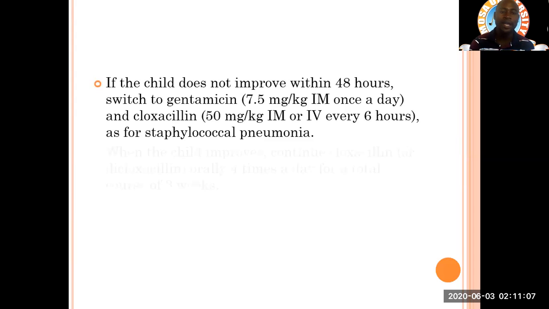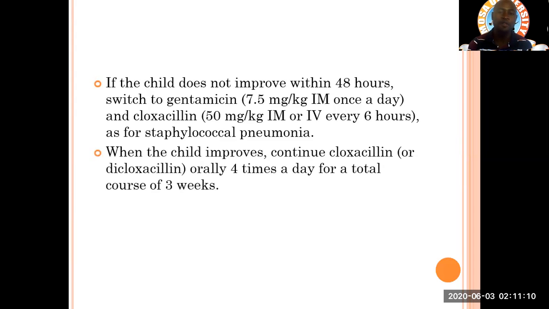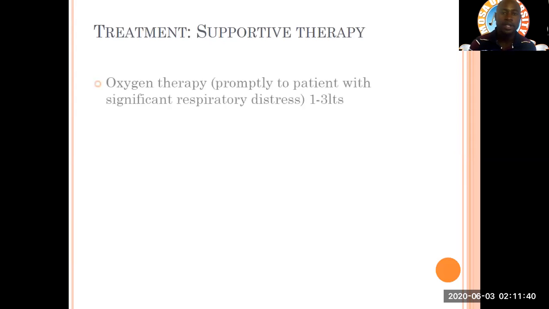So if you've made an assessment and we've seen that within 48 hours as well, there is no improvement, we switch to gentamicin 7.5 milligrams per kg IM OD with a combination of cloxacillin 50 milligrams per kg IM or IV every 6 hours. As for staphylococcal pneumonia, when the child improves, you continue on with the cloxacillin or dicloxacillin, 4 times a day for a total course of 3 weeks.